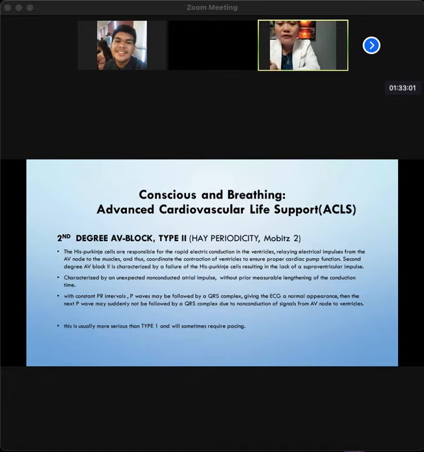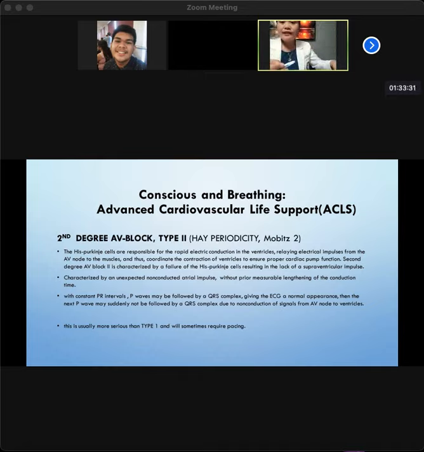Then the next P wave may suddenly not be followed by a QRS complex due to non-conduction of signals from AV node to ventricles. Siyempre, di ba? Kaya wala na tayong QRS kasi ito yung abnormal nga. So, paano ka magkakaroon ng QRS? Kasi nga, di ba nga sabi natin yung QRS is your ventricular contraction. Okay? So, hindi na magpo-contract yan. Kaya wala ka nang QRS. Bigla ka na lang mawawalan ng QRS.